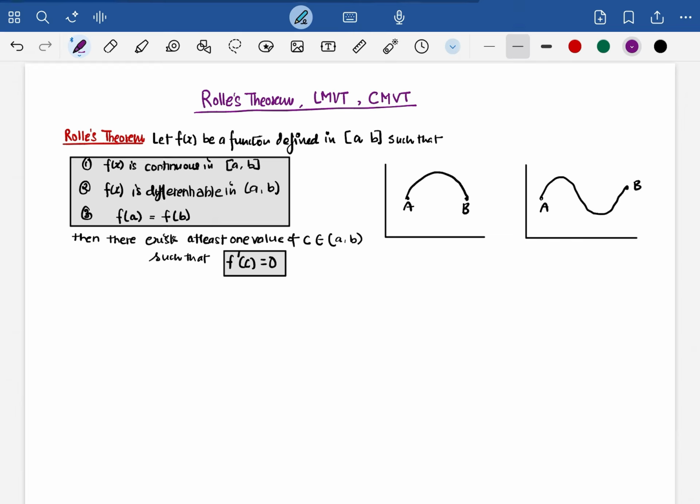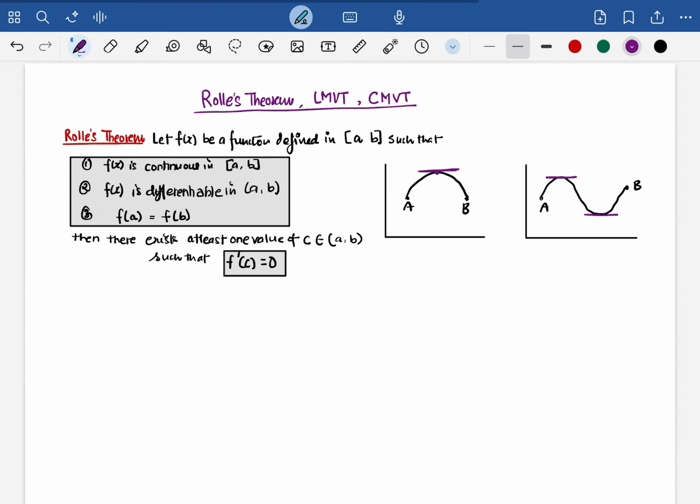Here you can see in between a and b there is a single point where the tangent is horizontal, meaning the derivative is 0, and here two points are possible. So it is mentioned that at least one value should be in the range of a to b where the derivative is 0. Derivative means tangent, it should make a horizontal tangent at that particular point.